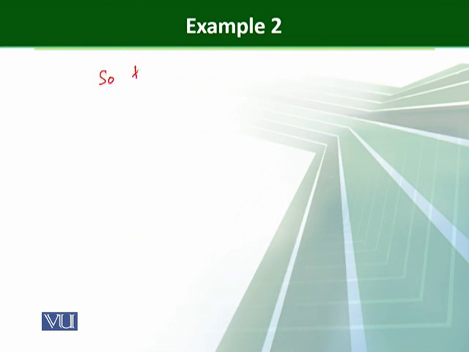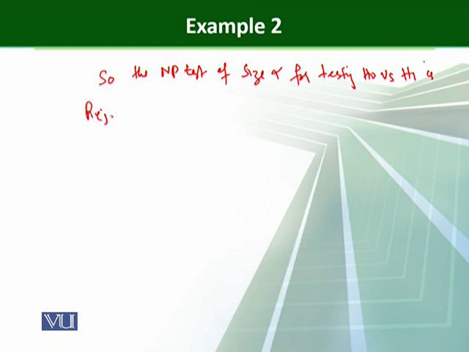So the Neyman-Pearson test of size alpha for testing H0 versus H1 is: reject H0 if x is less than root alpha or x is greater than 2 minus root alpha, by using the original densities. So this will be the criterion.